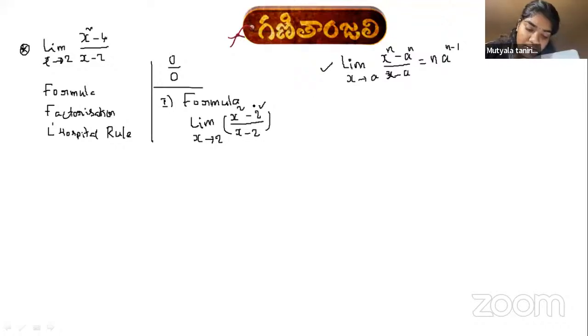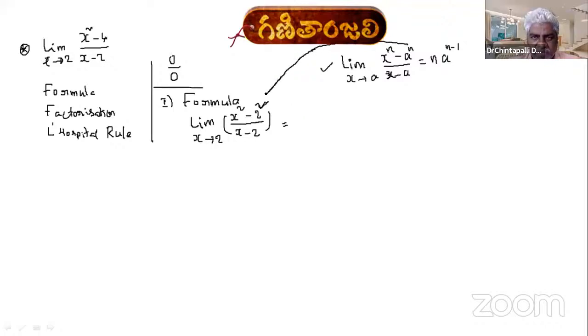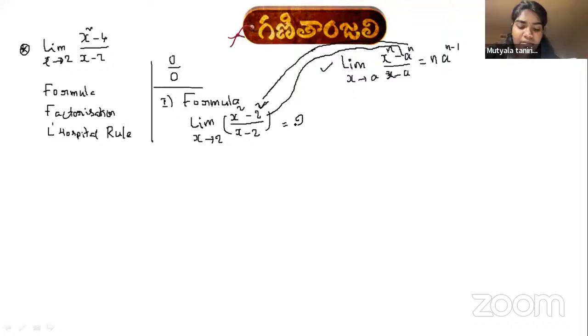What is n here? What is a here? The power 2 is n, right? What is a? The base 2 is a. The formula is n into a to the power of n minus 1. So 2 into 2 to the power of 2 minus 1.